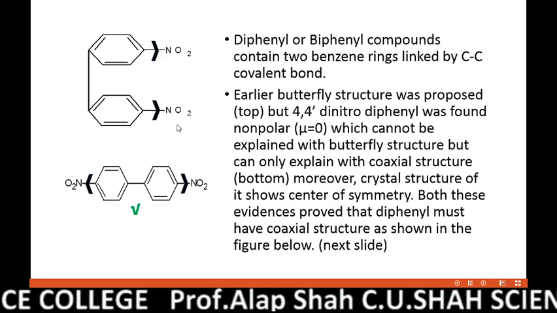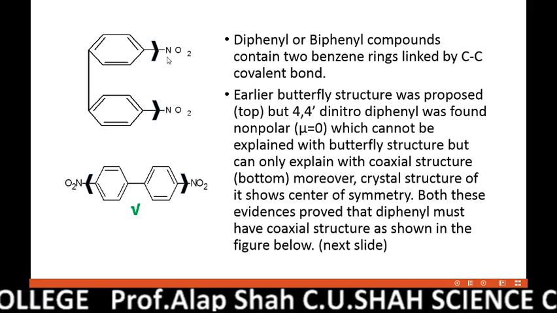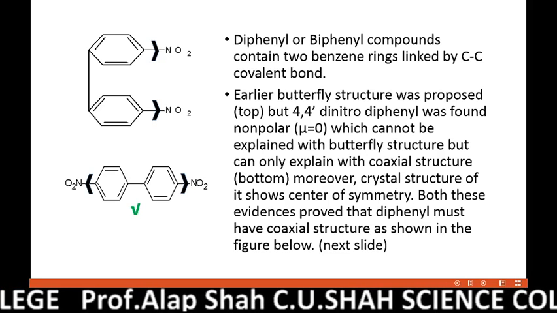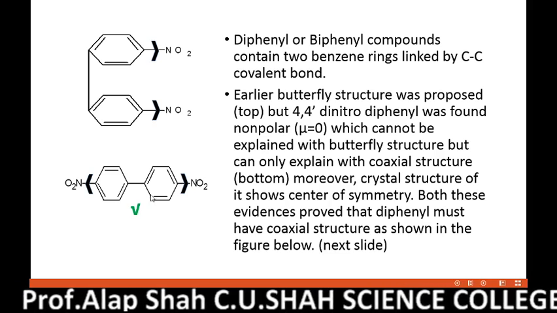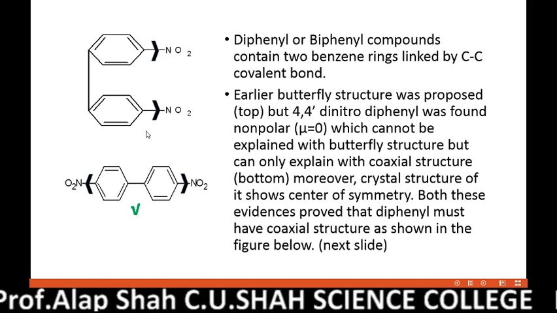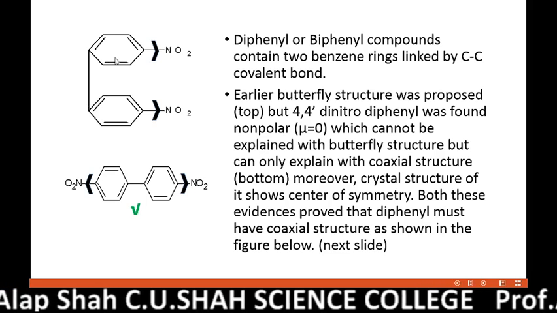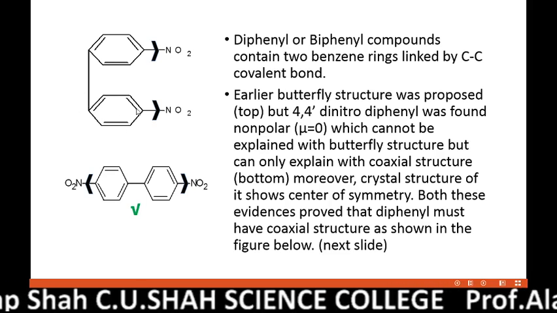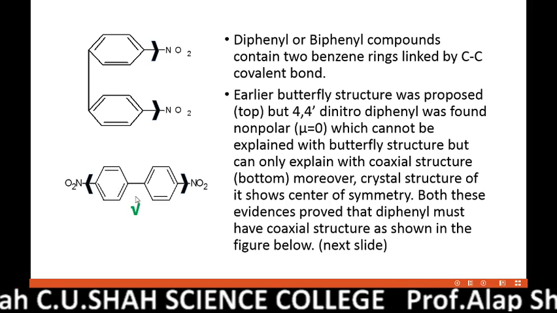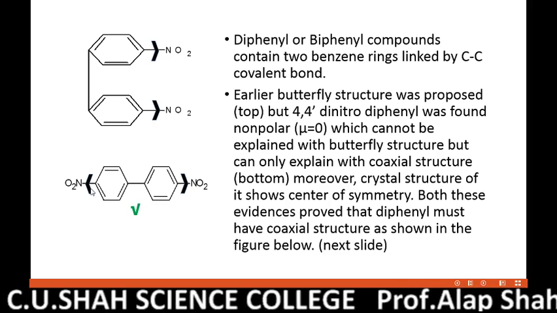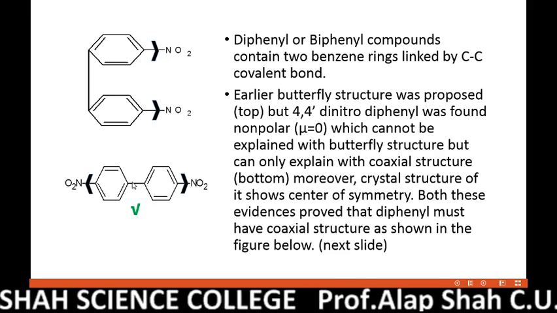Now non-polarity and center of symmetry, both these practical evidences are not explained by the butterfly structure. So later on, it was accepted that diphenyl or biphenyl does not have a butterfly structure, but has the coaxial structure shown in the bottom, because here you can see the two nitro groups have equal but opposite magnetic moments.